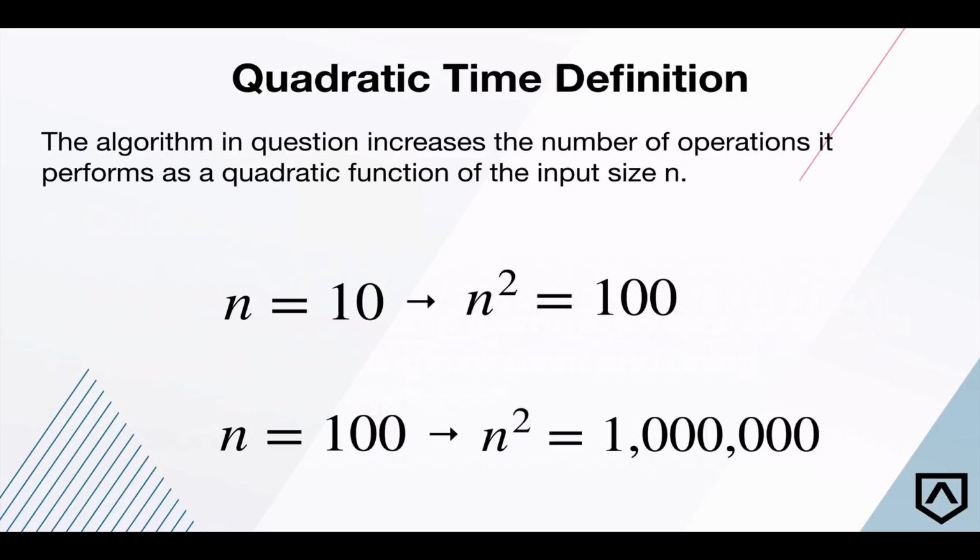Okay, next up, let's talk about quadratic time, and this was O of n squared, or O of n to the power of some constant. Now we're really starting to see that the number of operations increases rather quickly compared to the size of the input, right? If we just plug some numbers into the function n squared, for example, if n is 10, n squared is 100, and then if we were to add 90 additional elements to our input, all of a sudden we need to perform 10,000 operations, right?